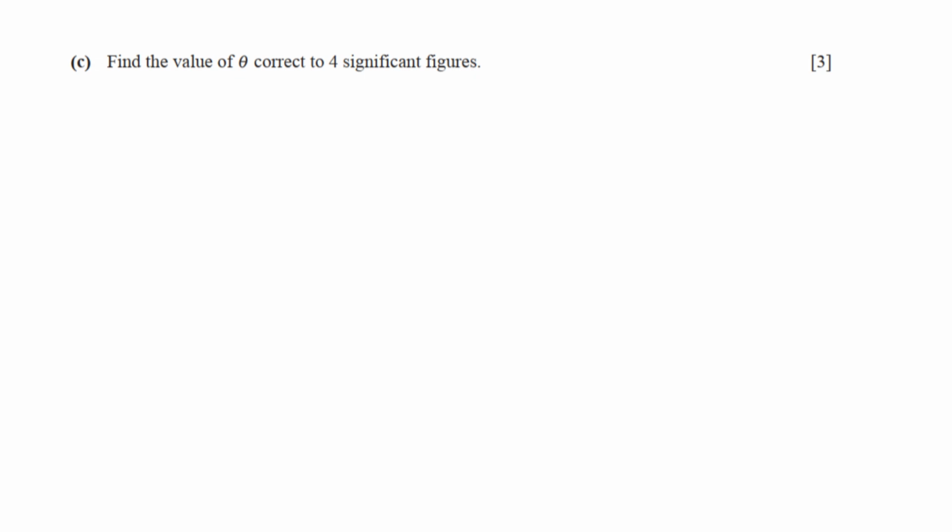Next part of the question is find the value of theta correct to 4 significant figures. It's given the circle intersects the y-axis. So x is 0. Substitute x equal to 0 in the circle equation. So we get 4 square plus y minus 5 the whole square equal to 20. y minus 5 the whole square equal to 20 minus 16, which is 2 square.